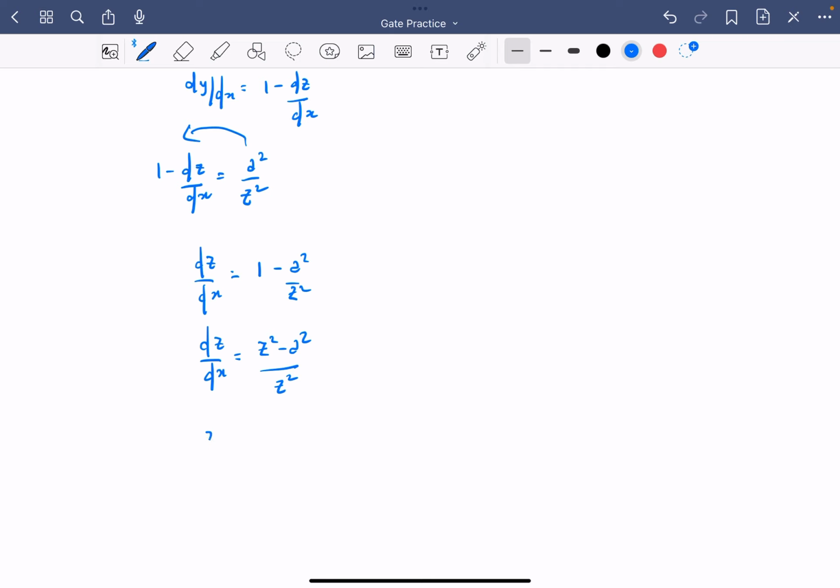Let's take the z terms on this side: z square by (z square minus a square) dz, and the x terms on the other side, and integrate both sides.